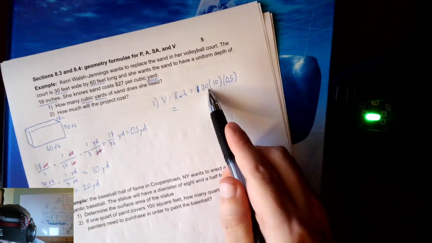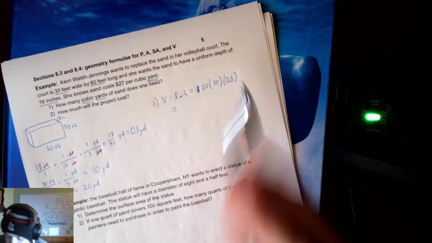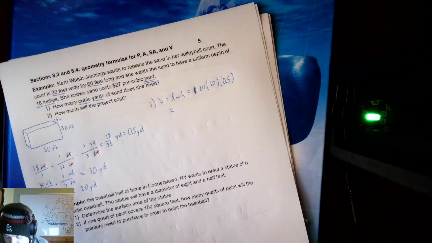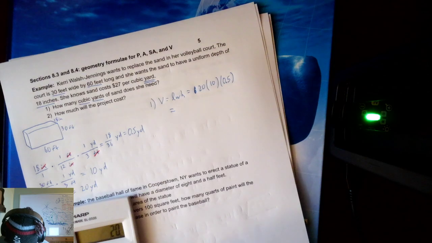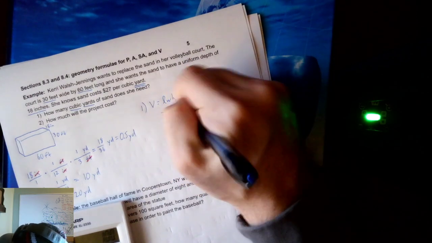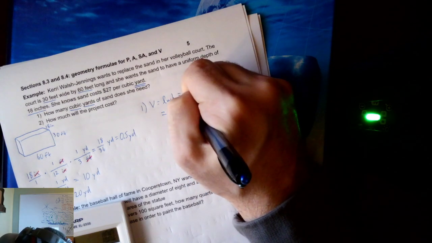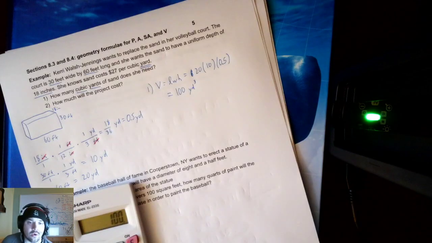So let's see, 20 times 10 is 200, times 0.5 is 100, right? It'll be 100. 20 times 10 times 0.5 gives me 100 yards cubed. The volleyball court is 100 cubic yards.